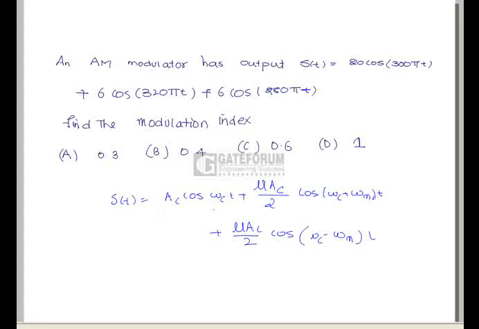This is the carrier, whereas this is USB, that is upper sideband. This is lower sideband, LSB.